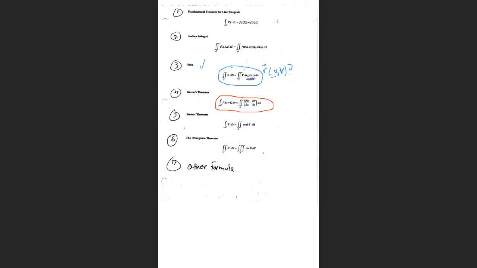How would you adjust Green's theorem so you can get the right answer? What would you do? Good, that's right, Yeva. Put a negative in front of your answer. That's right.